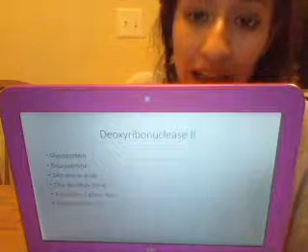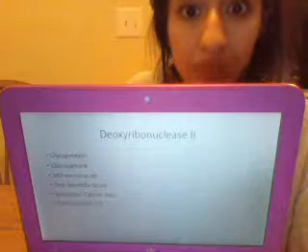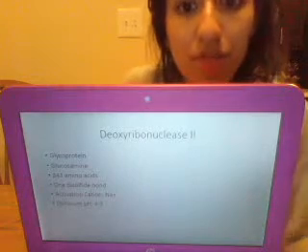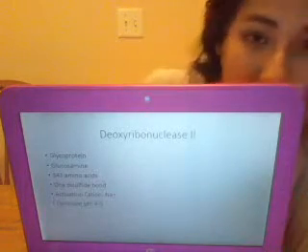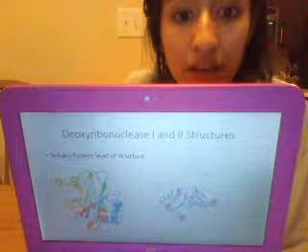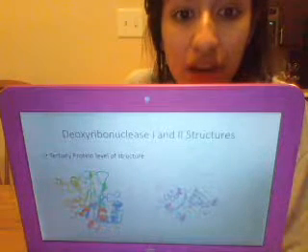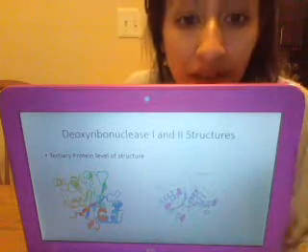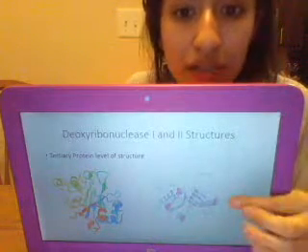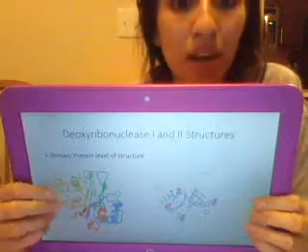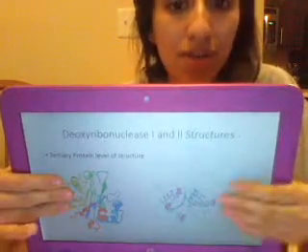And the optimum pH levels for DNase-2 to function ranges between 4 to 5, which is relatively acidic. The functioning unit that DNase-1 and 2 have to be in is actually the tertiary protein level of structure. So this one right here is DNase-2, and the colorful one right here is DNase-1.